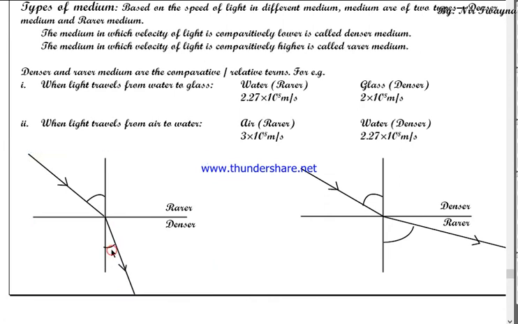This is known as angle of refraction. This is known as angle of incidence. So in this case, when light travels from denser to rarer medium, velocity increases, and along with velocity the angle of refraction also increases.